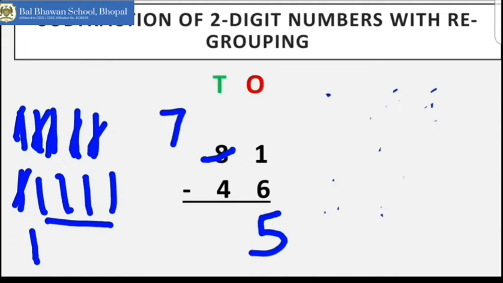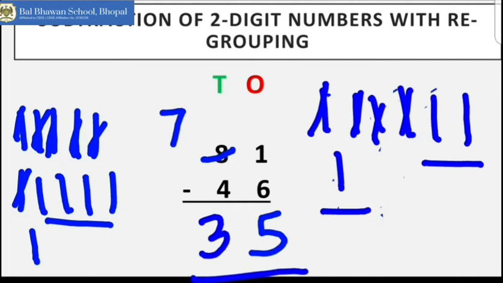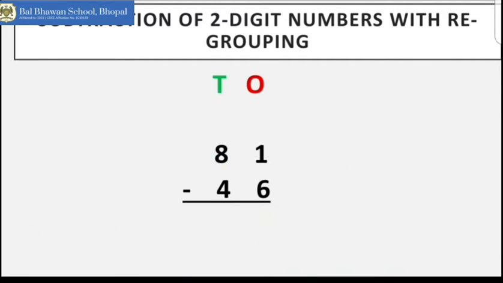Draw 7 lines: 1 2 3 4 5 6 7, and you have to subtract 4. So cross out 4, 1 2 3 and 4, and how much is left? Yes, 3. So your answer is 35. This way, children, is subtraction of 2-digit numbers with regrouping. Same way we will do with 3-digit numbers. Let's see.